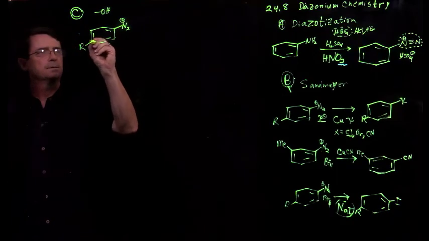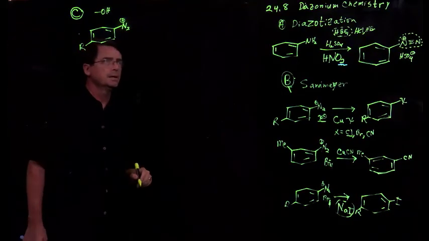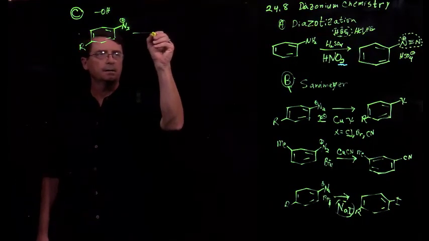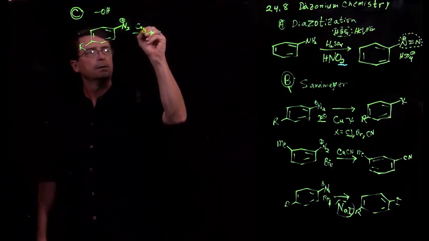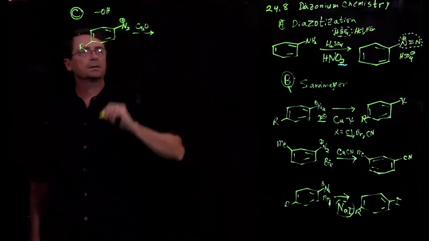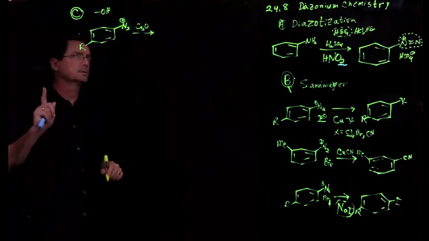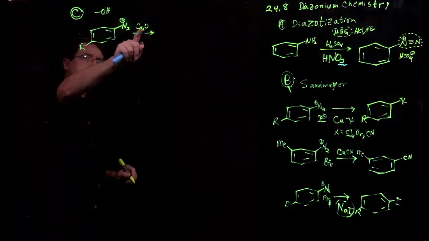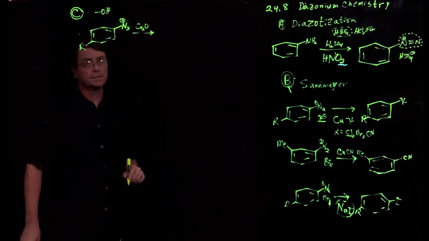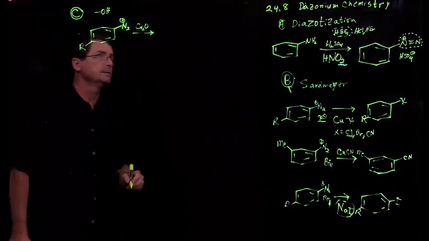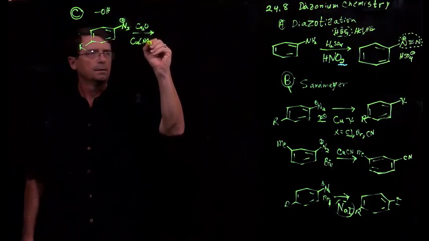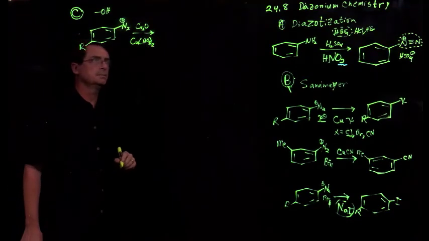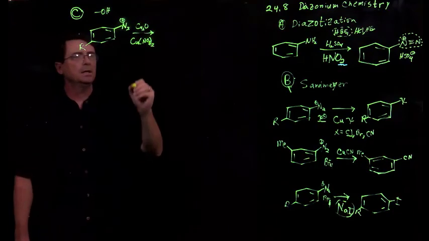So there's our diazonium, and we are going to react this with copper 1 oxide. Again, notice the oxidation state. It's Cu2O, so that means it's copper 1 oxide. This is reacted with copper nitrate. We would say that's cupric nitrate because that's copper 2 in water.